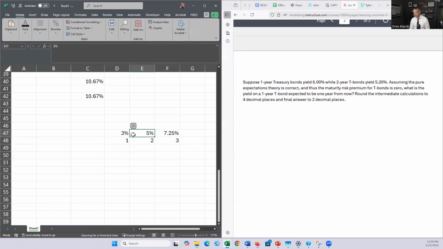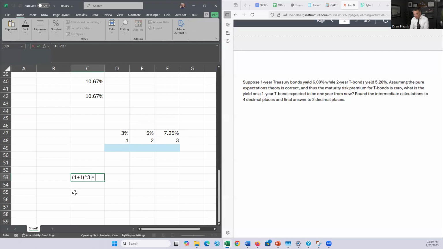So if we know the individual years, can we find out what is the 3 year treasury? What would that equal? Well, all we would do is 1.03 times 1.05 times 1.0725. That would equal the 3 year treasury. Now, if we had a problem like this, let's do the math real quick. The 3 year treasury looks like this: 1 plus the interest rate, to the power of 3 because it happens for 3 years.